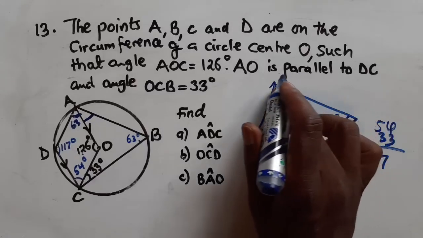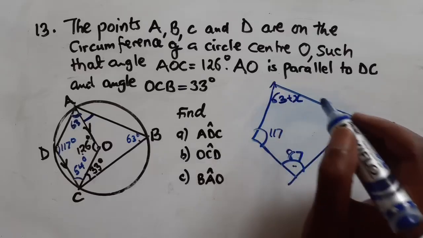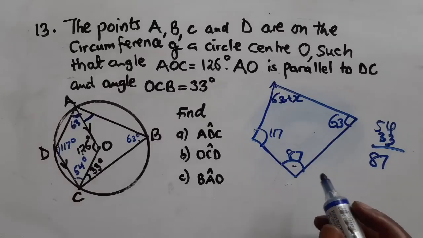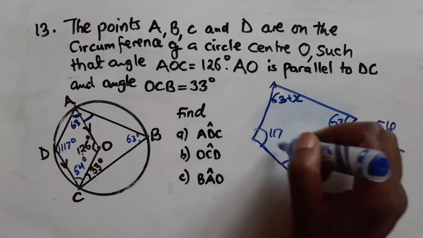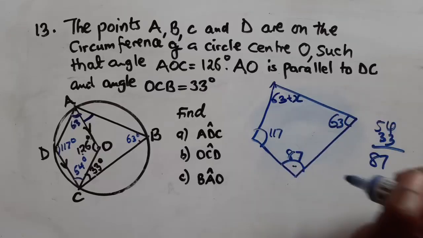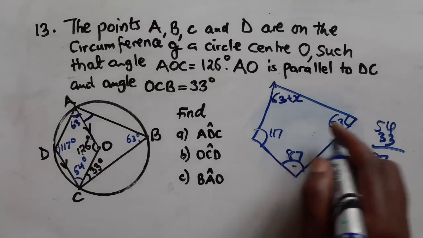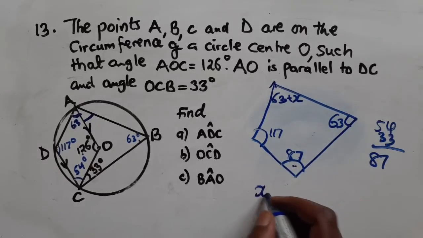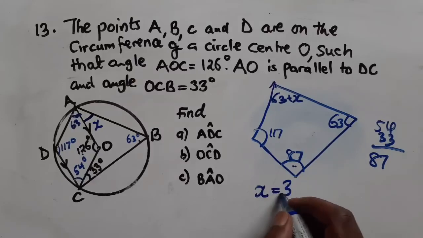What about this angle here? This angle, we already have 63. What about this other part here, which we don't know? We can call it x. Now what are we supposed to do here? We add all these and equate them to 360 and see what we're going to get. So x plus the others equals 360.